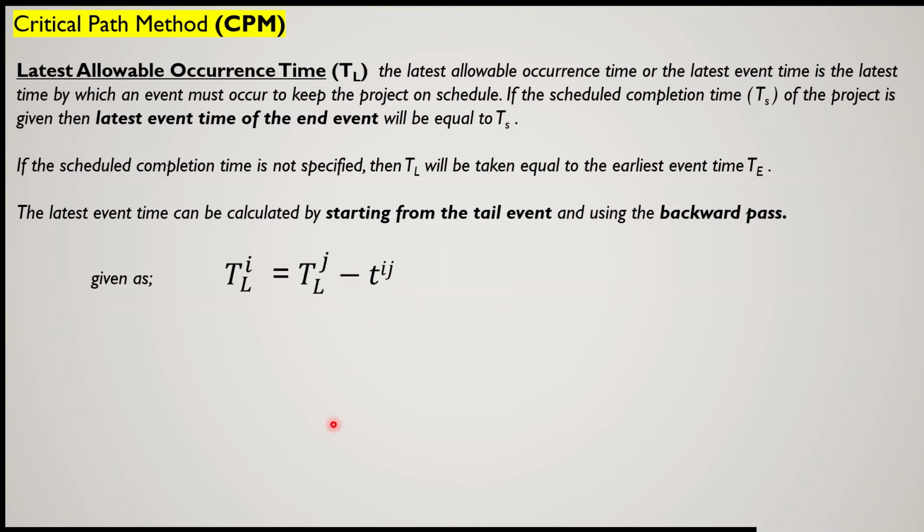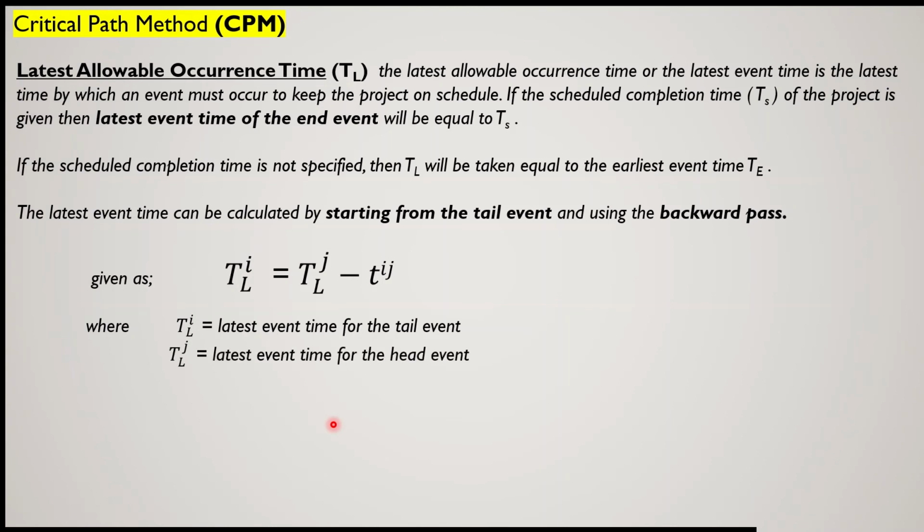Here we will be decreasing the time duration of the activity. So TLi is the latest event time for the tail event, TLj is the latest event time of the head event, ij is the activity under consideration, and Tij is the time of completion of the activity.